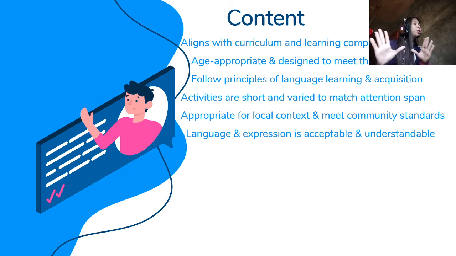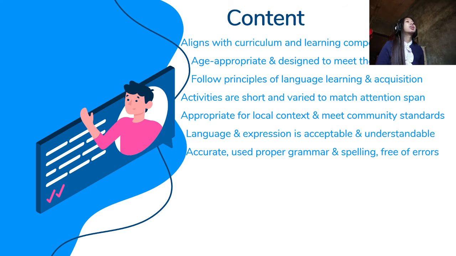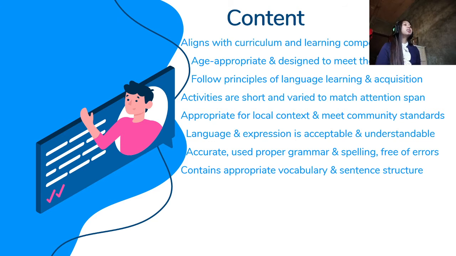Of course, there should not be any profanity in the content. Next, it should be accurate, use proper grammar and spelling, and be free of errors. That means it has been evaluated much already for it to be free of error. And then it should contain appropriate vocabulary and sentence structure.